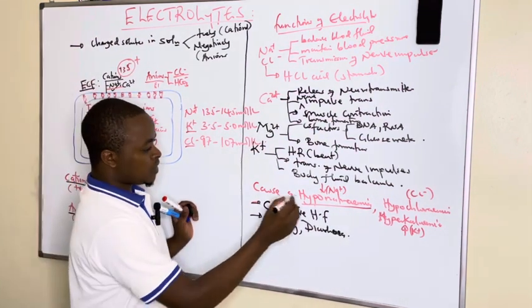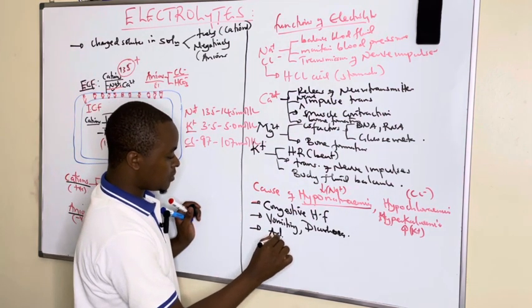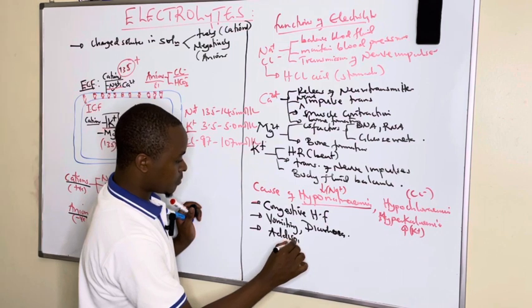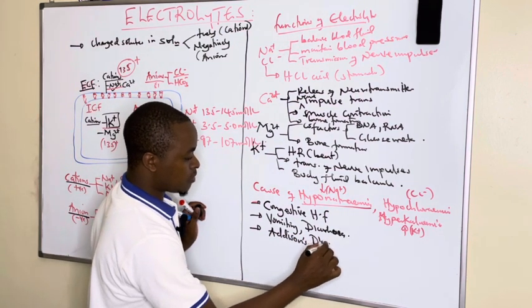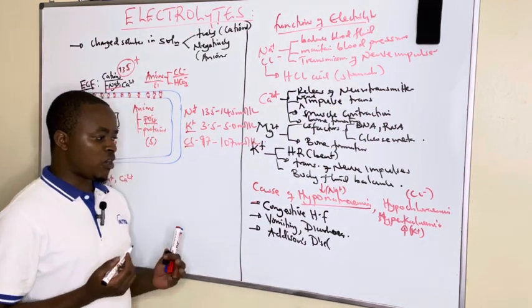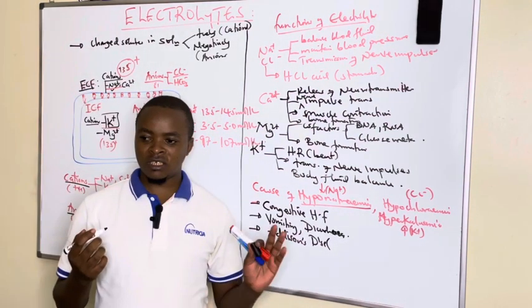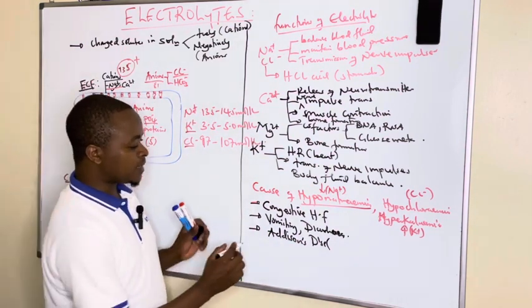But we can also see hyponatremia in Addison's disease. Addison's disease is what we call hypoaldosteronism, whereby the adrenal cortex is not releasing enough aldosterone to cause reabsorption of sodium.